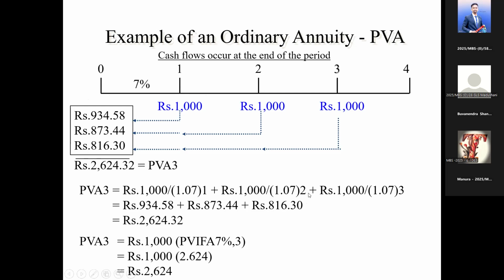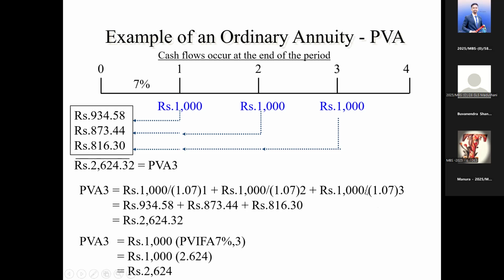If you are receiving at the end of the 3rd year, that cash flow occurs in the future. If you want to see today's value, you need to bring it to time 0 value with 1.07 power 3. You need to discount by the factor.